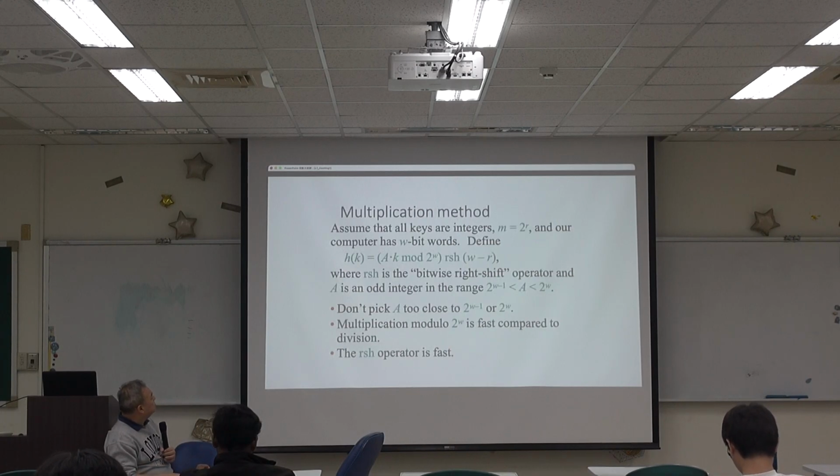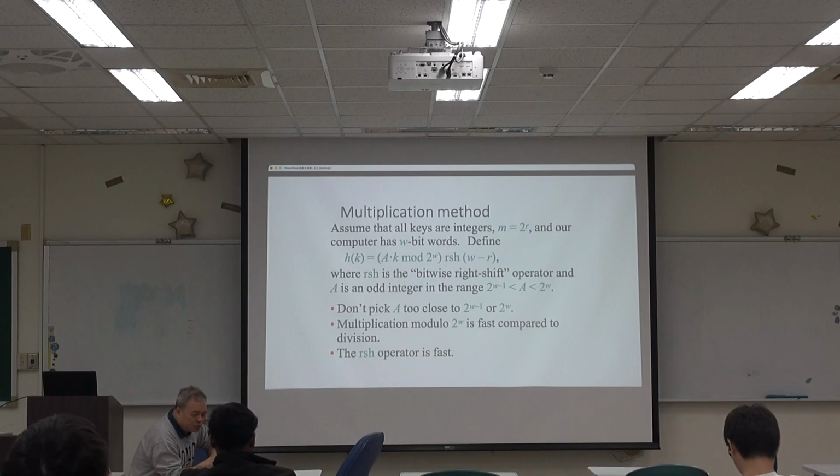That's why we consider the second approach, the multiplication method. Assume all keys are integers, and n is 2 to the power of r. Remember, this n represents the size of your table. So 2 to the power of r is a much better setting, right? At least the size of the table is no longer a prime.